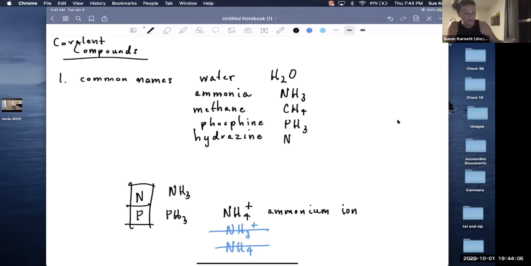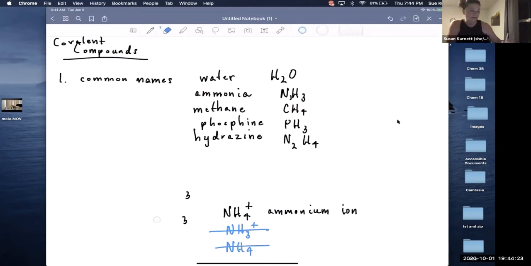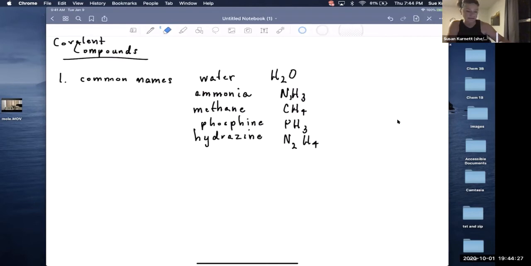So think of it like ammonia on steroids. N1H3, no, N2H4, one more. Those are common names that you need to recognize, and all of them have hydrogens. That should help. And then there's some that are hydrogen containing, not these, a different set. How many of those are there?